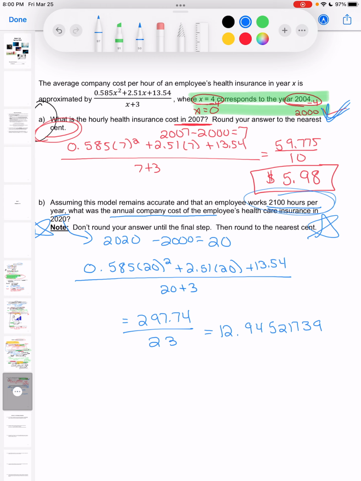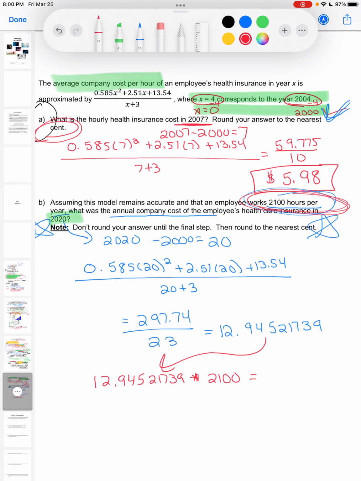So that gives me the average company cost per hour. This is the average company cost per hour in the year 2020. I'm going to take it a step further, and this person worked 2,100 hours in that year. So I'm going to take this whole answer, the not rounded part, times the 2,100.